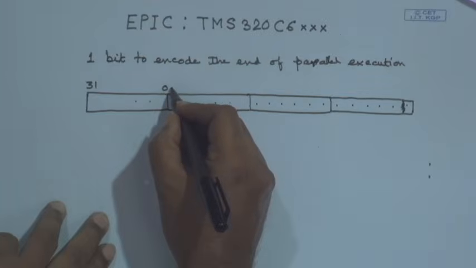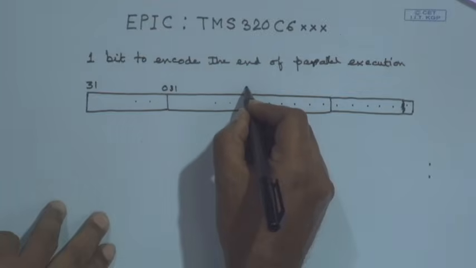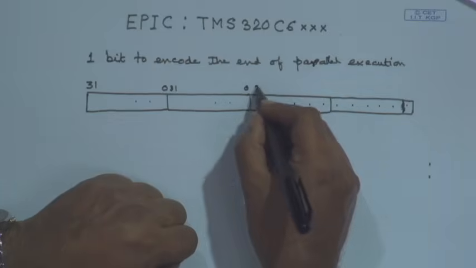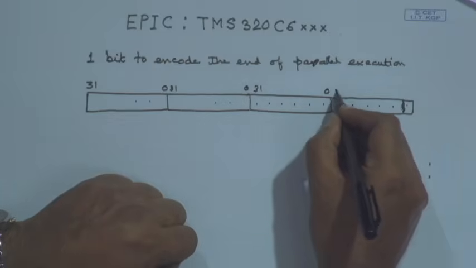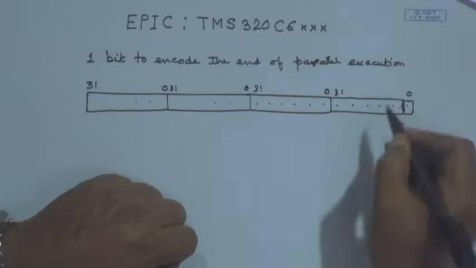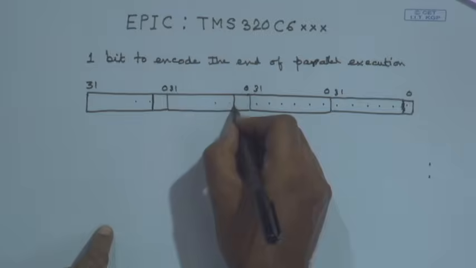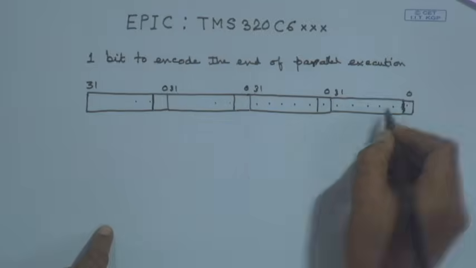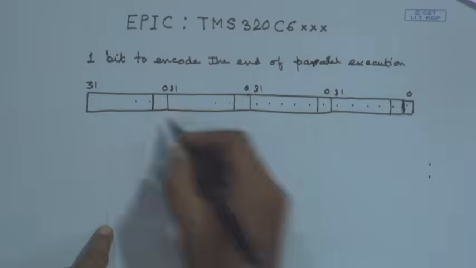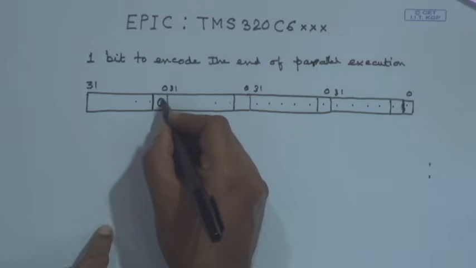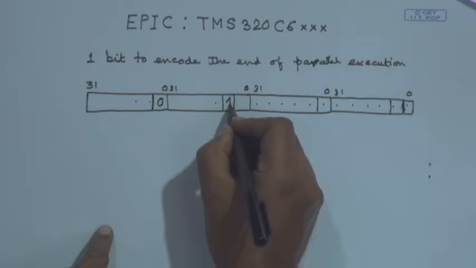Here is the 31st bit of this, the 0th bit of this, like that: 31st bit, 0th bit, 31st bit, 0th bit. Now, the LSB of each instruction word is either 0 or 1.